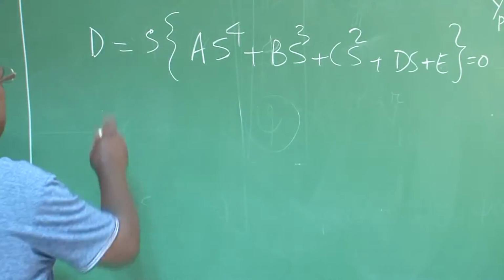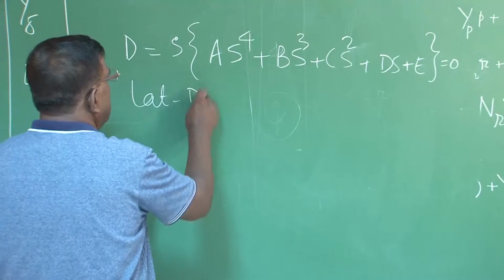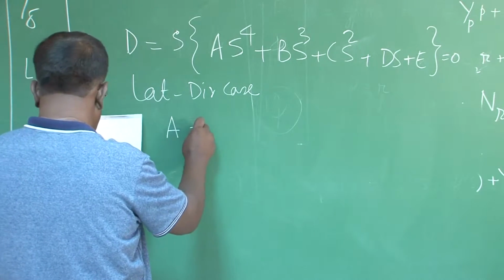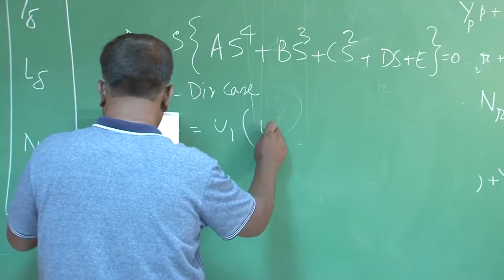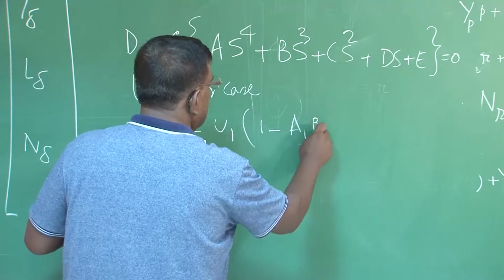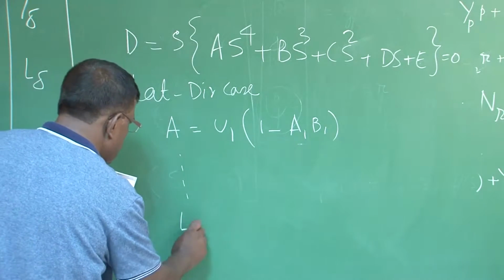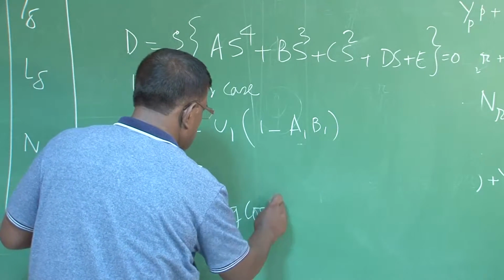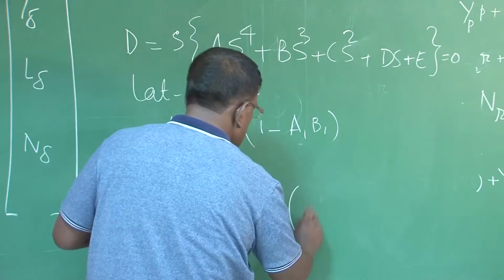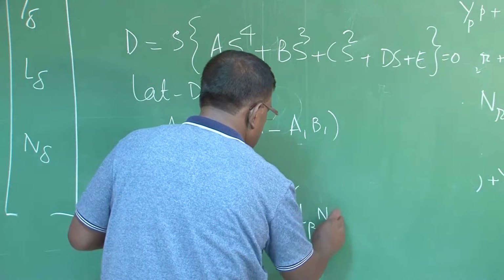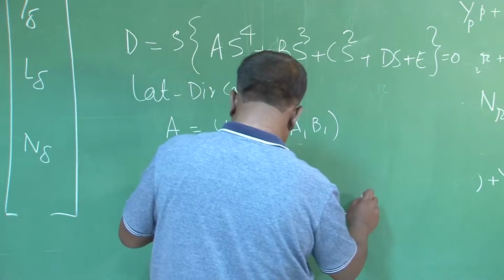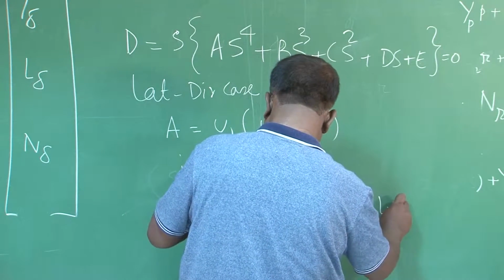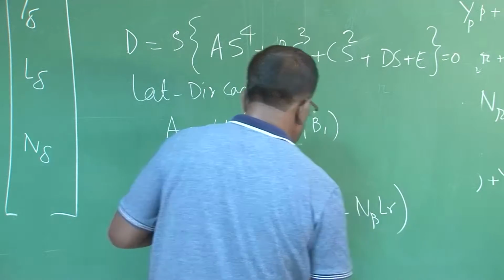This is the lateral directional case. So here A is given as U1, 1 minus A1 B1. Similarly, the important one is E, which is G cos theta 1 into L beta NR minus N beta LR, when there is no thrust.